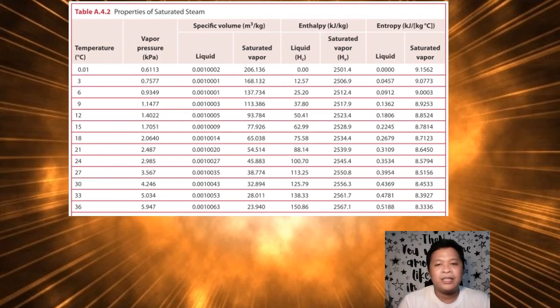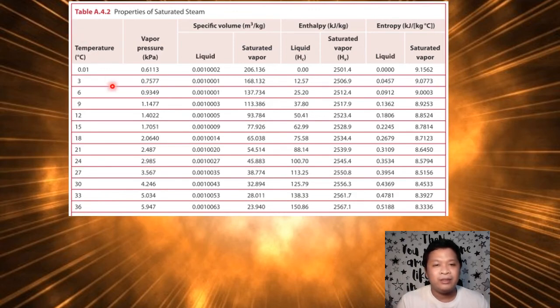So this is an example of properties of saturated steam, or part of a steam table taken from Singh and Heldman 4th edition, 2009. So as you can see on the leftmost column, you have your temperature, which is obviously the temperature of the water or steam.